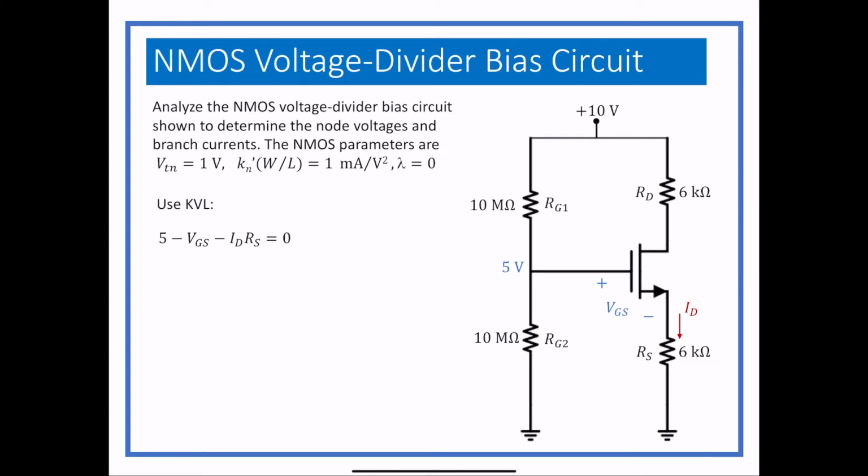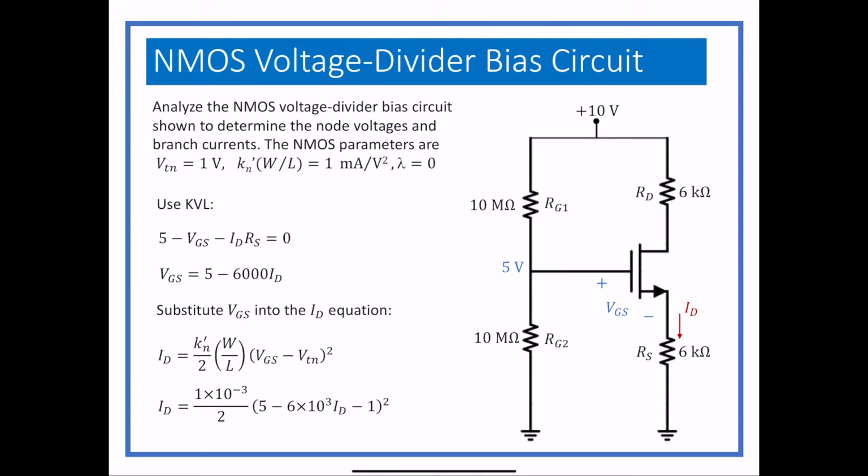Good equation. We can turn that into a nice linear equation, and then take VGS and put it in the ID equation. So we know what VGS is based on the drain current. We just have to put that into the equation, and then we get something not nasty, but a little bit, because we're not going to directly be able to solve for ID.